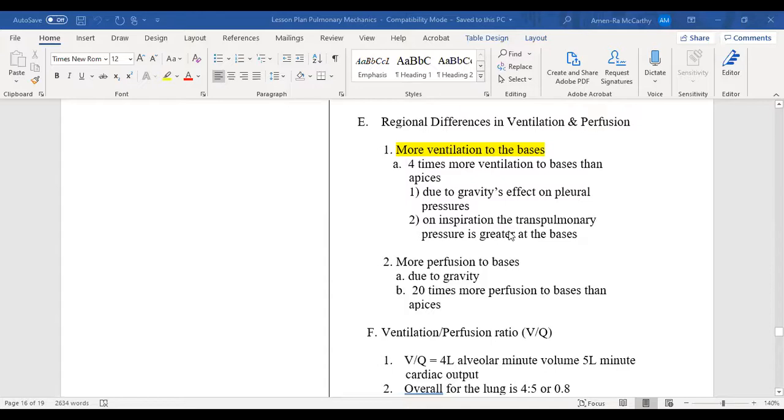Well, not only that, but at the base of the lungs, it's even more negative than the top of the lung. So that gas is still flowing down, finding the path of least resistance. So it's going to the lower side, okay? So that's why when you inspire, we have more ventilation at the bases than we do at the apices. And not only that, it's 4 times more, okay?